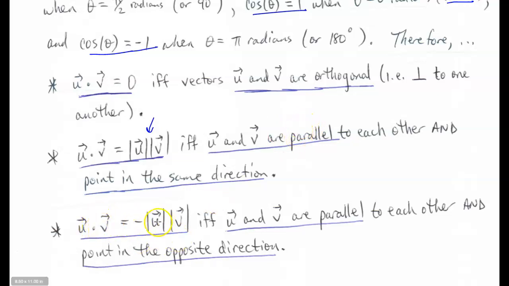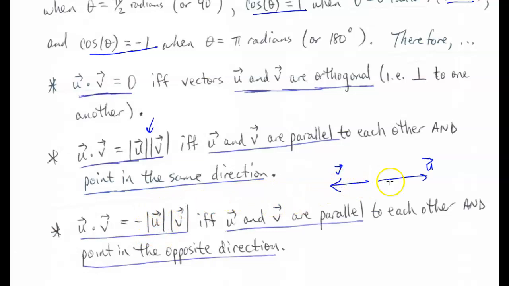If your dot product ends up being negative the product of the magnitudes of u and v, that only happens if your vectors are parallel, but also in opposite directions of each other. So you could have a situation where this is u and this is v. Okay.